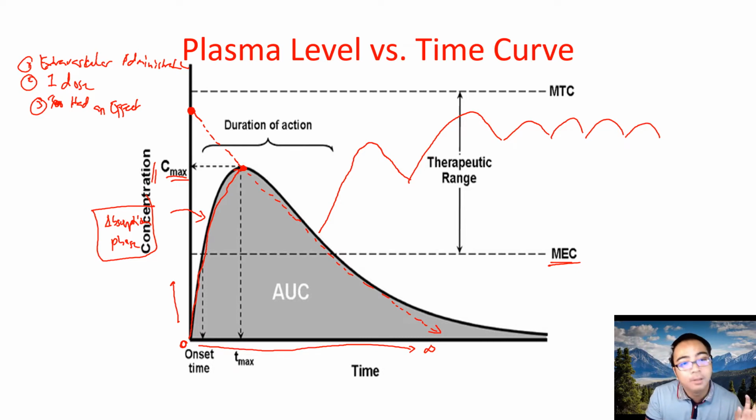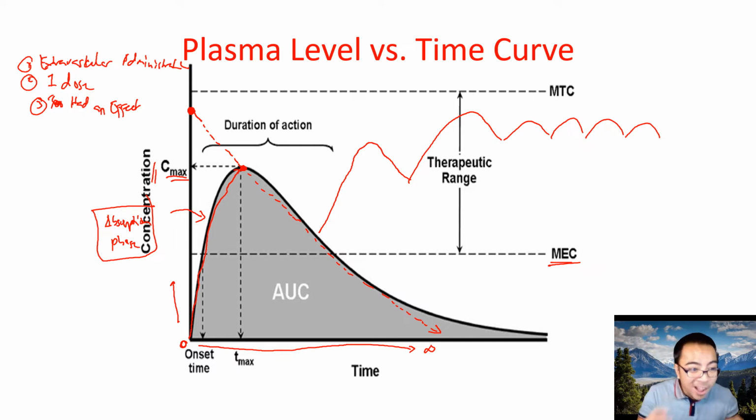Our goal in clinical pharmacokinetics class, our goal as a pharmacist, hindi lang sa course na to, is to make sure my drug reaches the MEC, the faster the better. Pero again, it depends on the type of drug you're using. Generally, class, we want the drug to reach the MEC so that we know for a fact that my medication is working, that my medication is taking effect and my patient is benefiting from the drug.